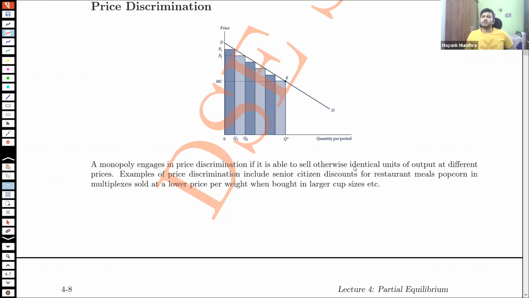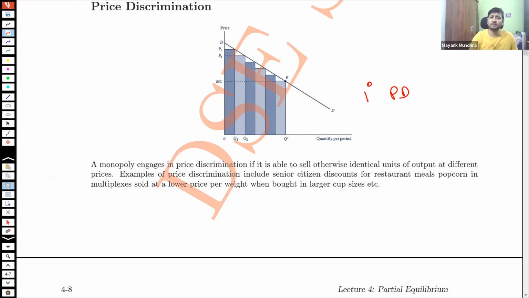Such a discrimination is called first degree price discrimination. First degree price discrimination is when you take the entire paying capacity of every consumer as the price. You charge every person who's consuming at the level of his paying capacity.